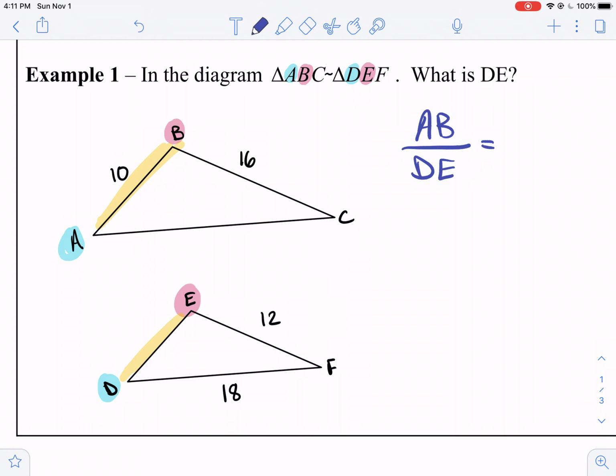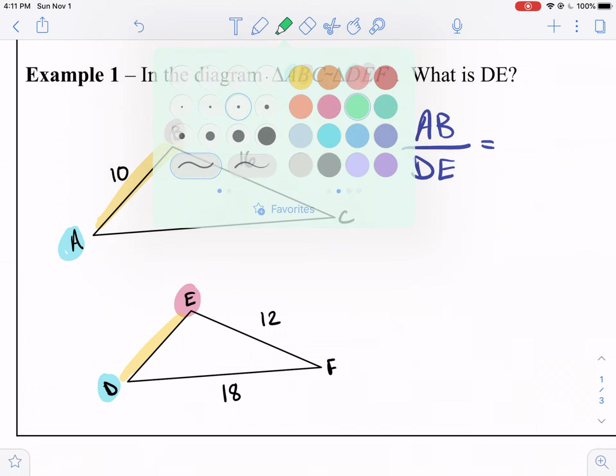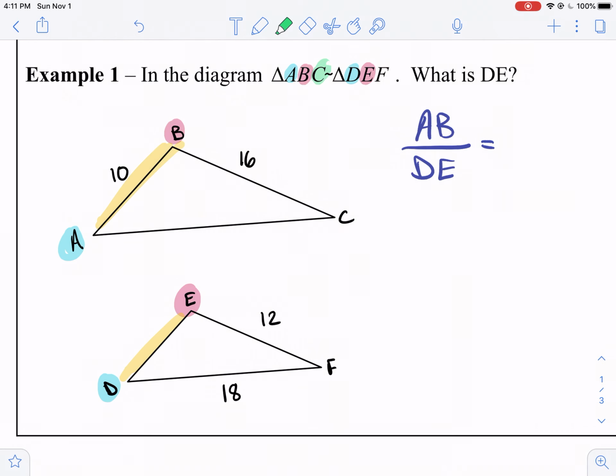But how do we know what that ratio is? We need to find something else that matches. Aha! Well, we know that B and E go together, and we know the length of BC. Well, what does C correspond to? C corresponds to F. That's going to be very helpful.